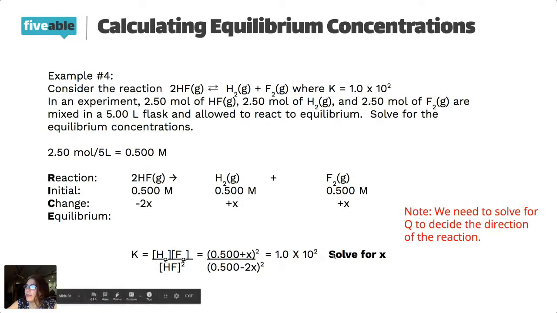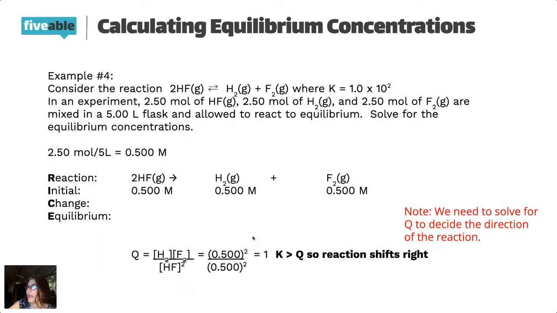If it would be Q greater than K, then we will have to do plus 2x minus x minus x. So usually when they don't give you products, then it's obvious it's going to shift to the right.